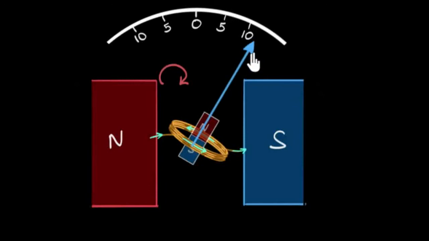So the best way is to stop the current passing through the coil when the needle comes to, say, the division 10. Otherwise this needle will go out of the scale. If there is no current, there is no magnetic effect, so the coil stops. But practically this is difficult.